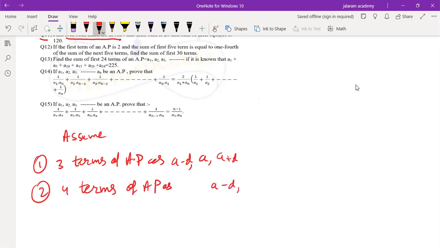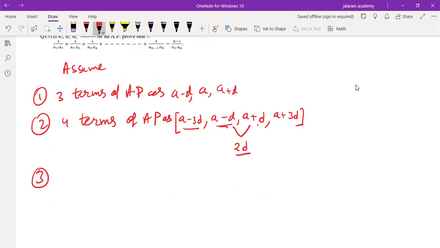So consider the 2 middlemost terms as A minus D, A plus D. And now if you find the difference between them, this is 2D. So the term previous to A minus D will be obtained by subtracting this 2D from it. A minus D minus 2D, A minus 3D will be the first term. A minus D second, A plus D third, and add 2D to get the next, so it is A plus 3D.